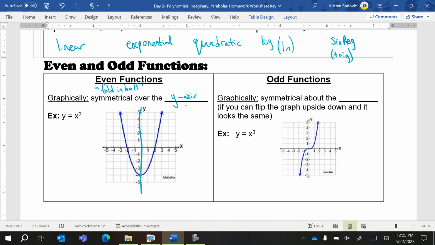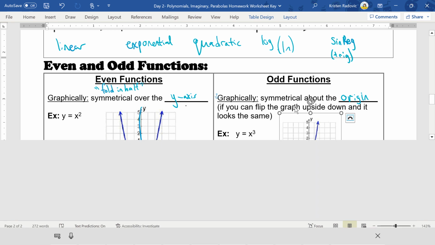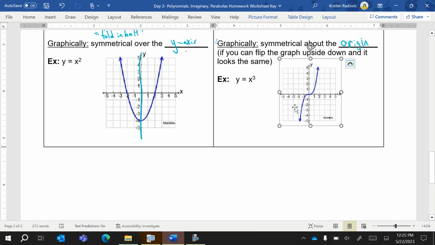Now, odd functions are symmetrical about the origin. That's a little bit more difficult to see. So here we go. A trick for it, although you have to actually mathematically say it is symmetric about the origin, for an odd function, you could turn it upside down and see how you see the exact same graph?